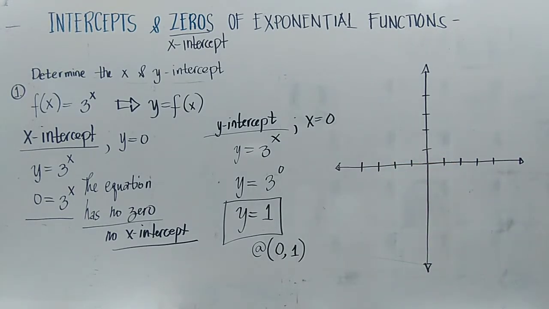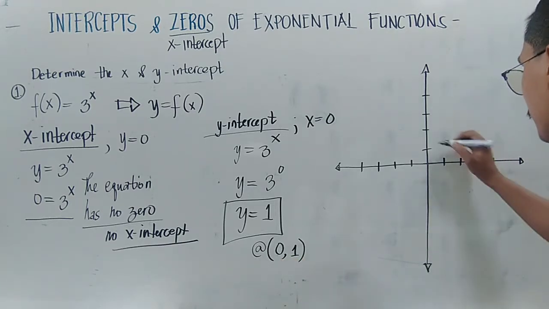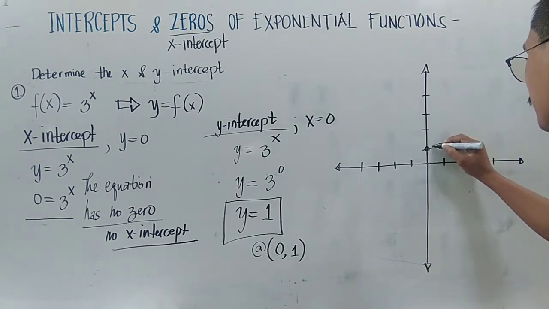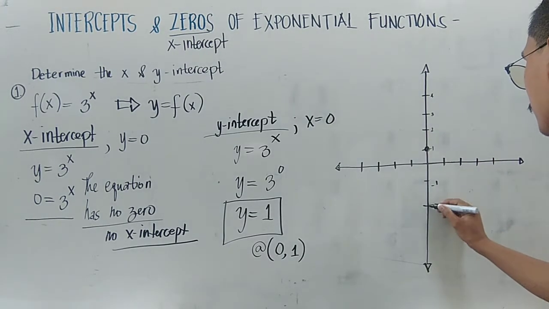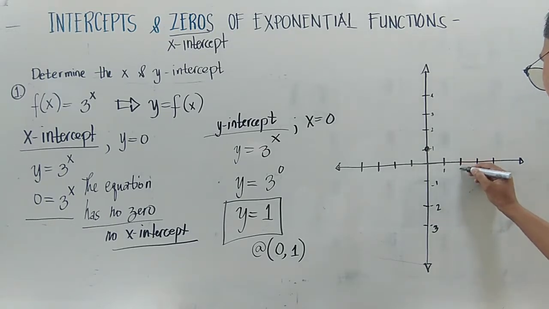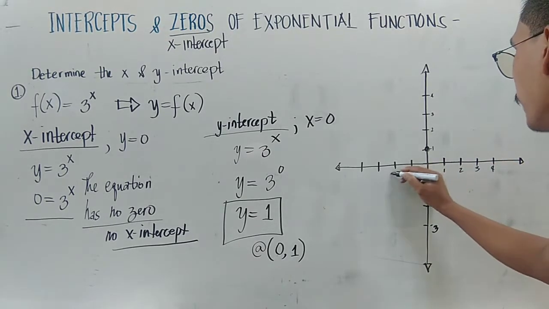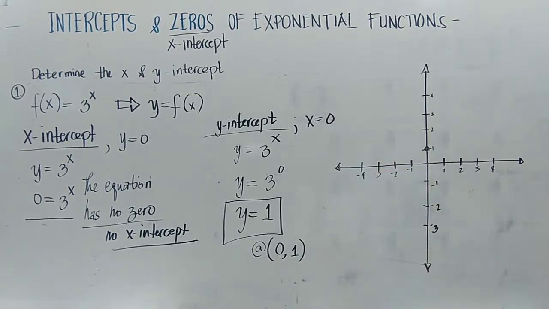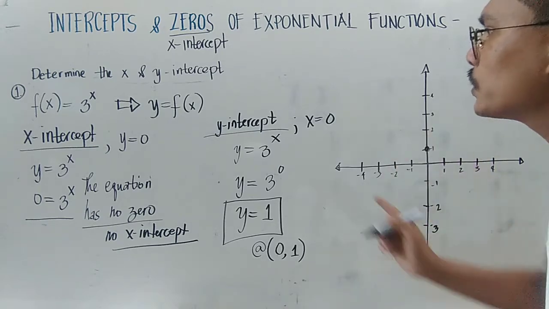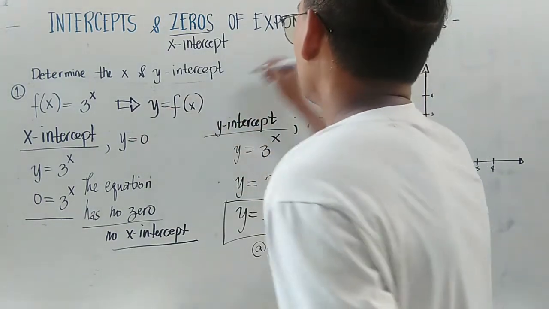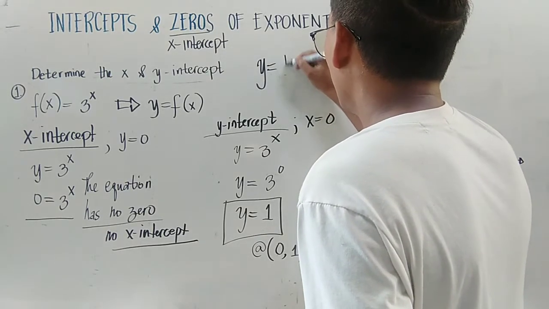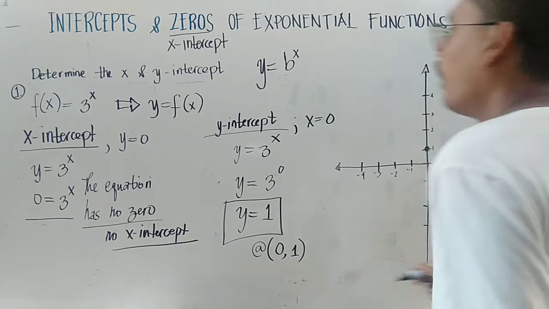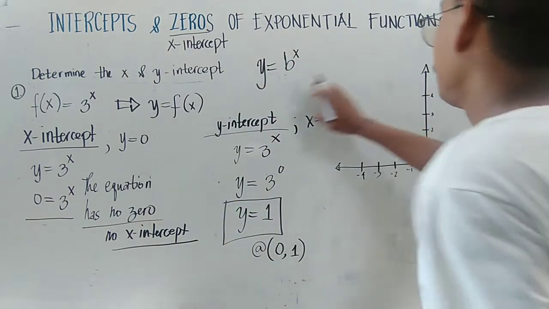Okay, so the y-intercept is at 1. So this is 1, 2, 3, 4, -1, -2, -3, and -4. Okay? I will give you the characteristic of the exponential function in the form of y is equal to b raised to x.